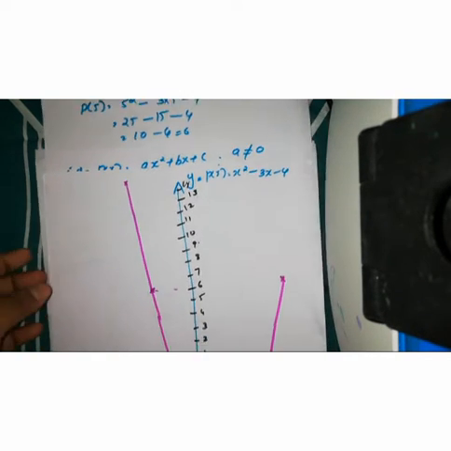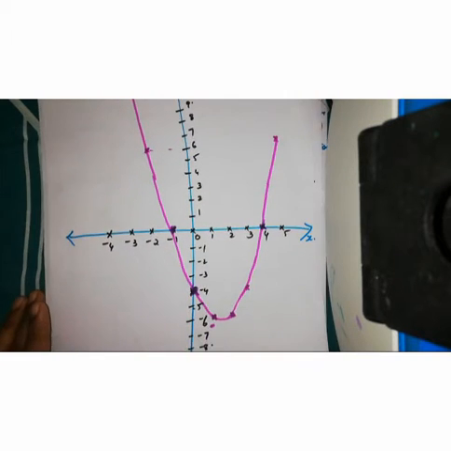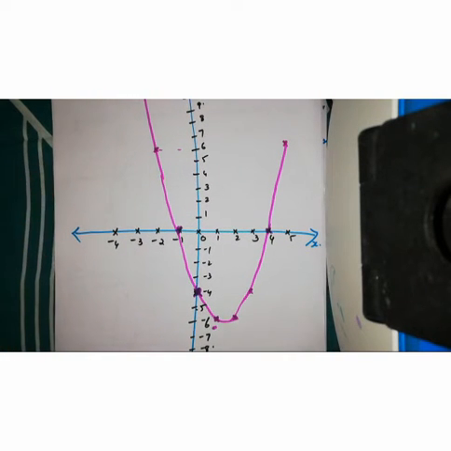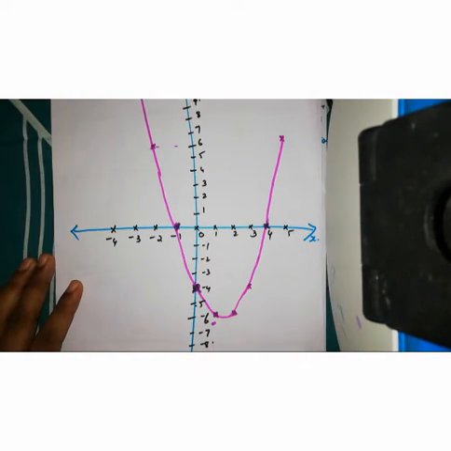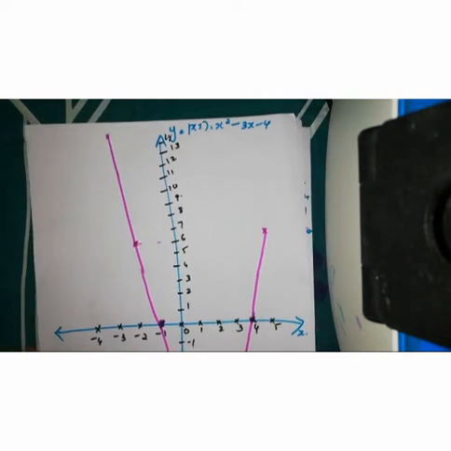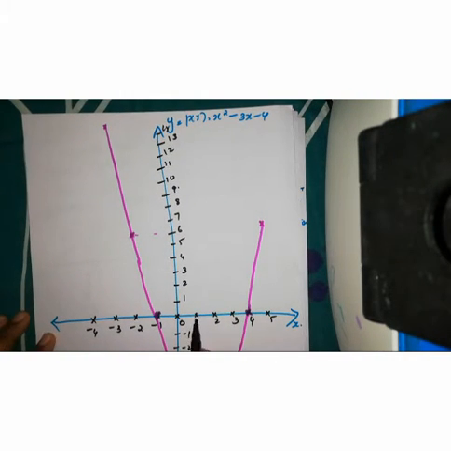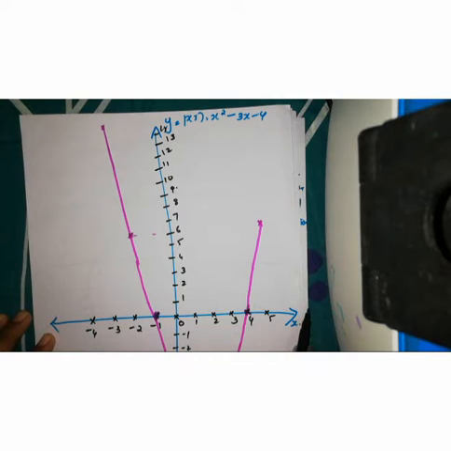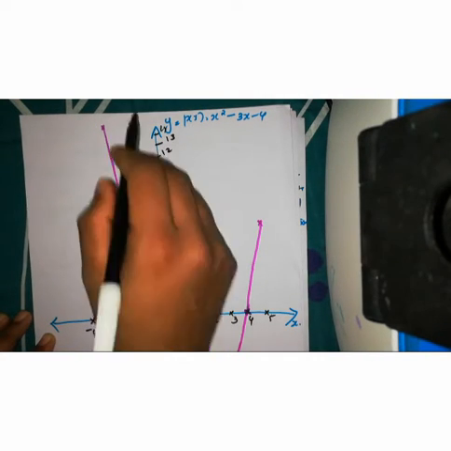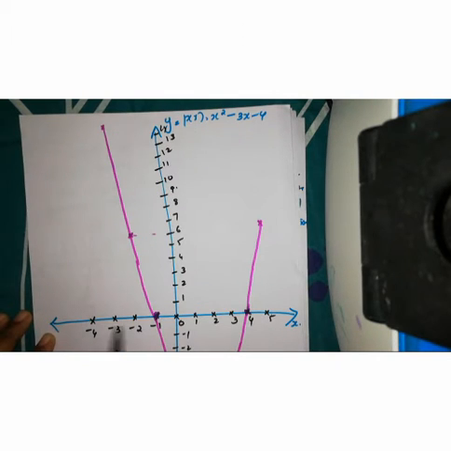Now we are going to draw the graphical representation of this p of x. So we have two axes, the x and y axis. We are marking the x coordinate and y coordinate: 0, 1, 2, 3, 4 on the positive side, and minus 1, minus 2, minus 3 on the negative axis, and minus 1, minus 2, minus 3 for y.